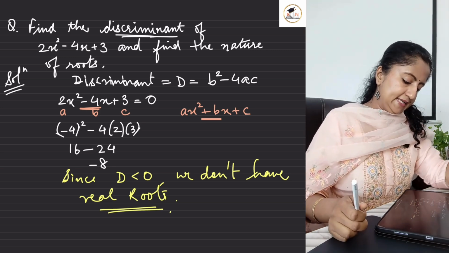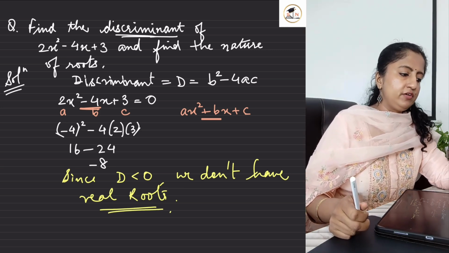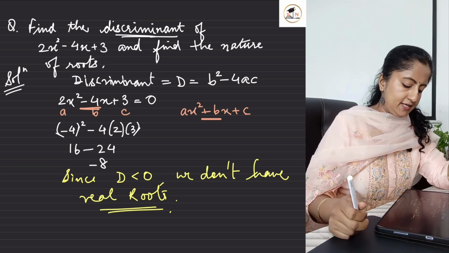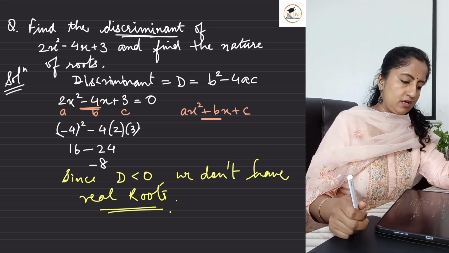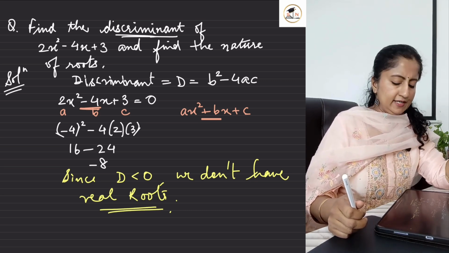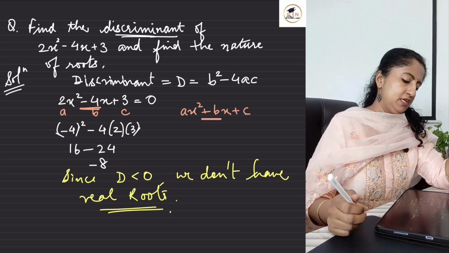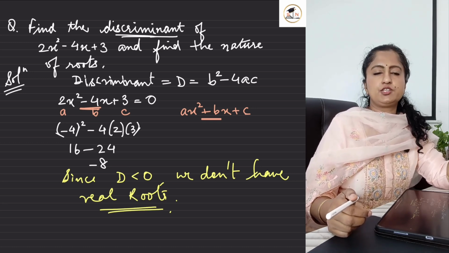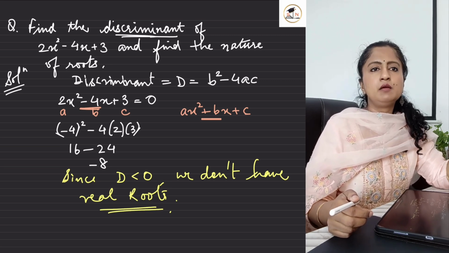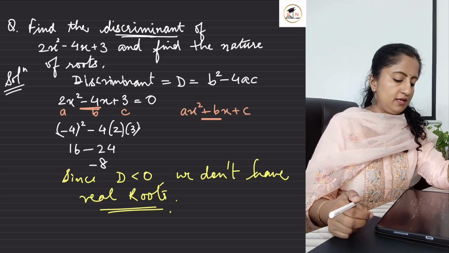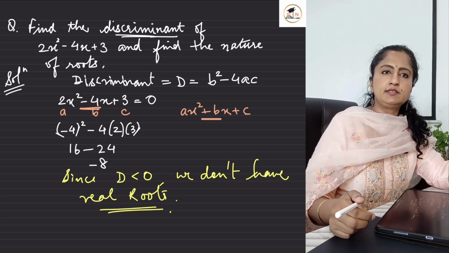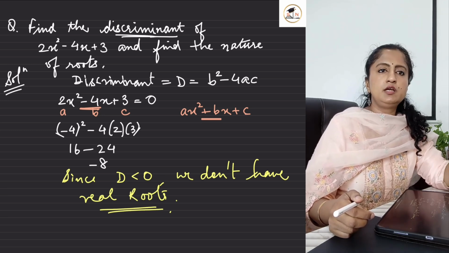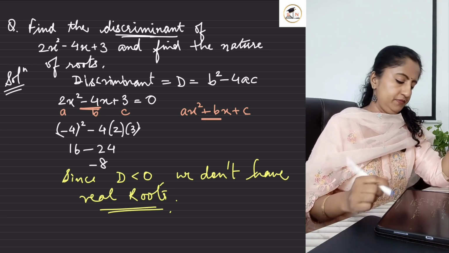Or you can simply write, since d is less than 0, there are no real roots. It means the same thing. So this is how you find the discriminant, and then if asked for the nature, you will comment about it. But please do not go the extra mile where they are just talking about the discriminant, not about the nature, and still you are commenting.